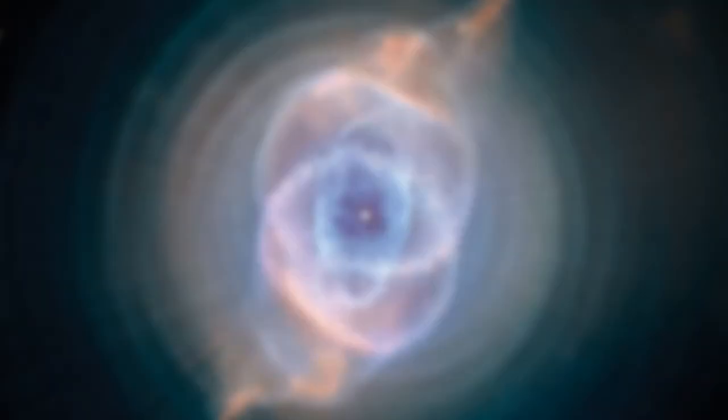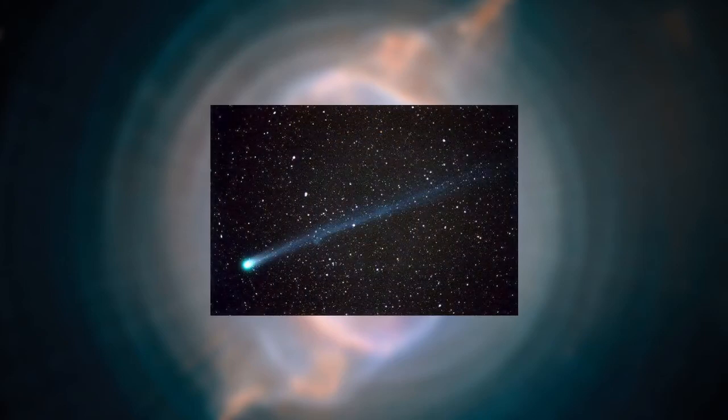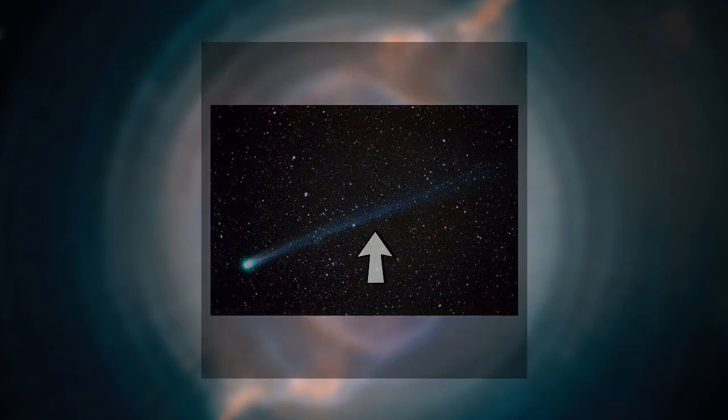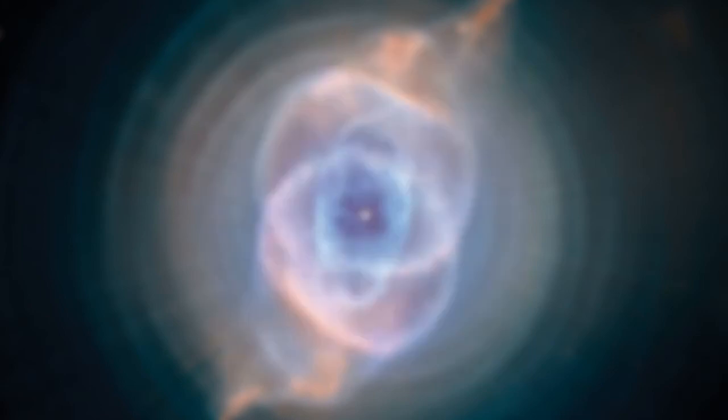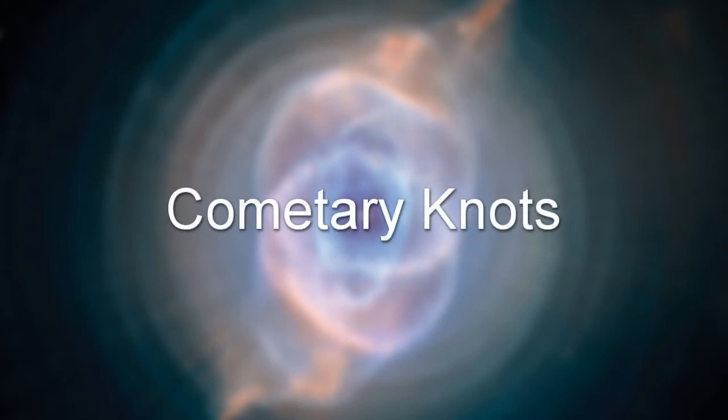This is very analogous to comets orbiting the sun in our solar system, because they consist of a rocky core at the tip, and then there's a long trail of ice behind them. As they orbit around the sun, the comets always face towards the sun, and the trail's always looking away from the sun. So the resemblance to comets is why we use the name cometary knots to describe these structures.